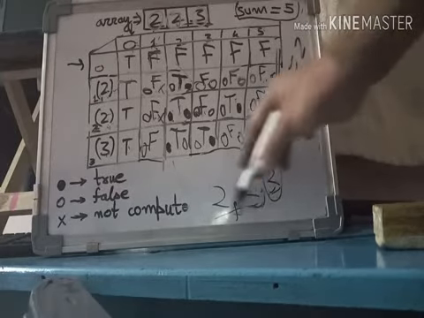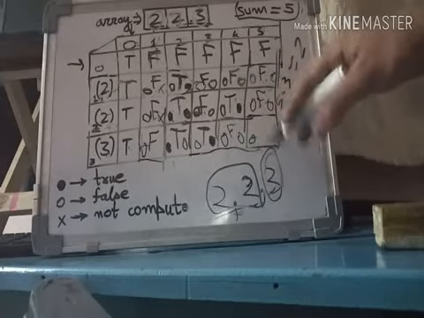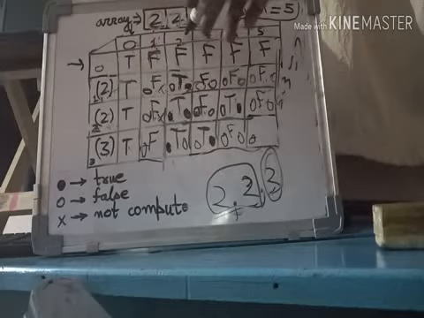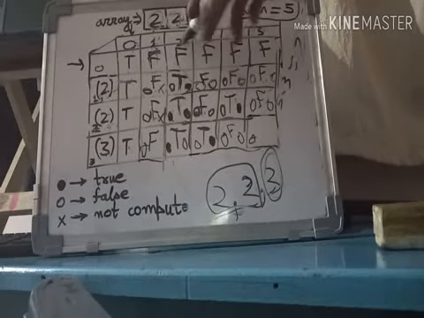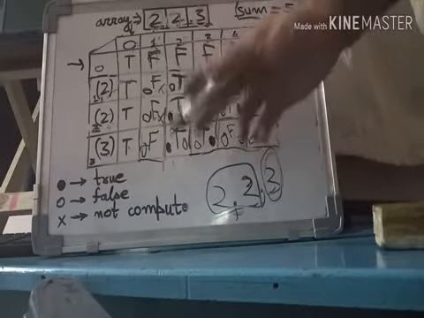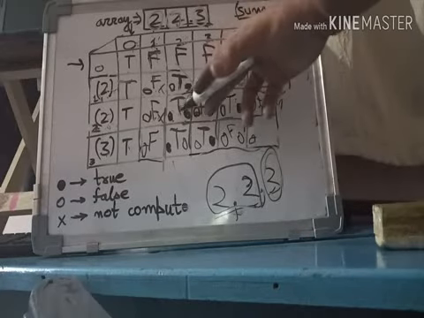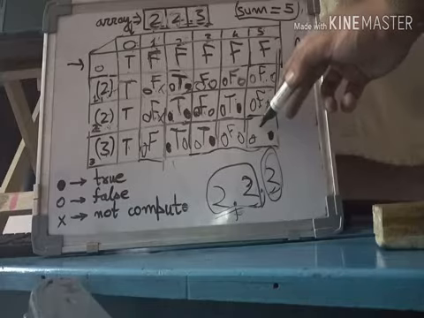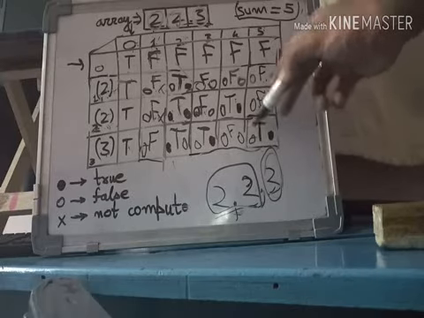So would the remaining elements be able to handle a sum of 2? I'll check from the pre-computed values. Right, true. The remaining elements would be able to handle the sum 2. I can check from here. So false, logical OR true gives me true.